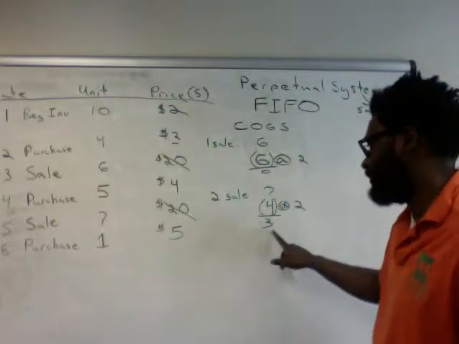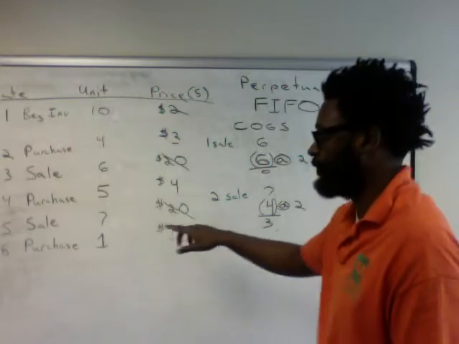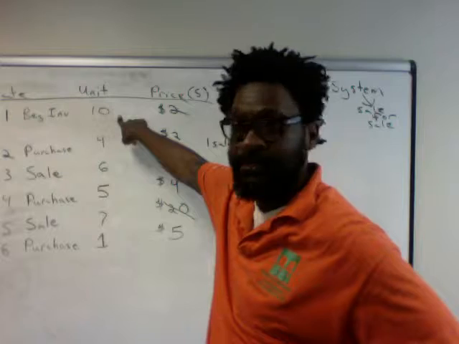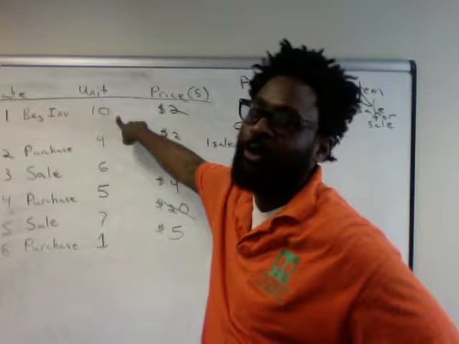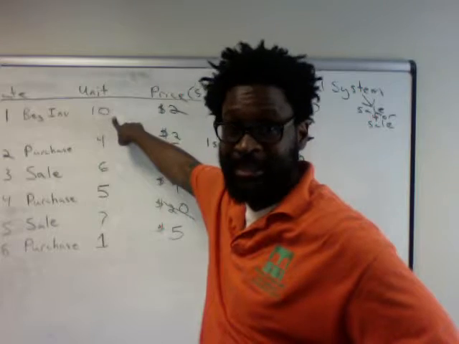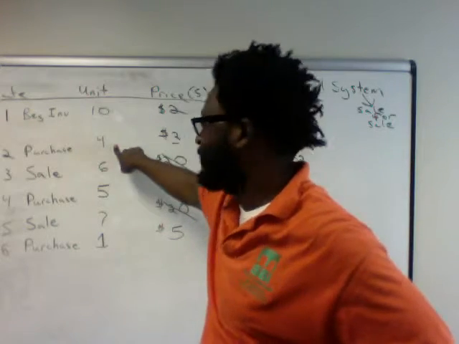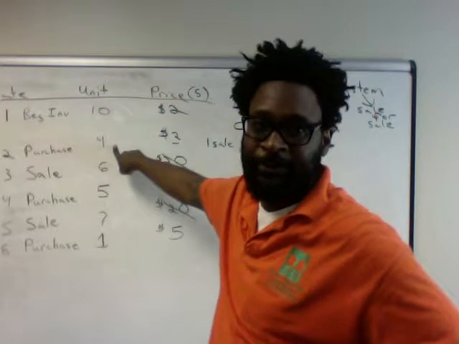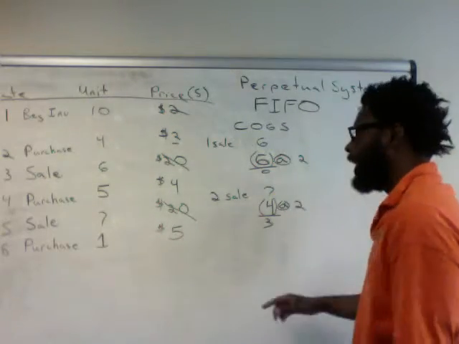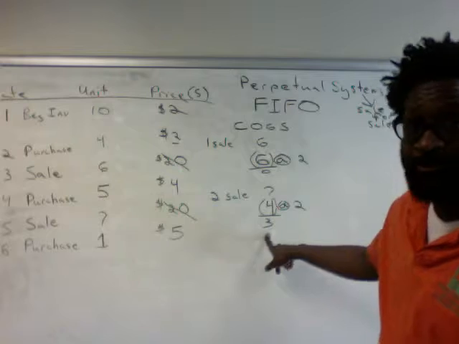So we need to ask ourselves, where will those 3 units come from out of this particular sale? Will it come from beginning inventory? Absolutely not. Why? Because we sold everything out of beginning inventory. So what's the next thing that came in first? This purchase right here. Your very first purchase on the 2nd. How many units do we have? 4. How many units did we sell? 3.